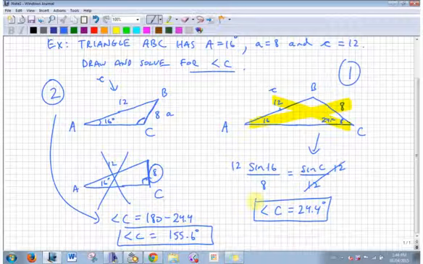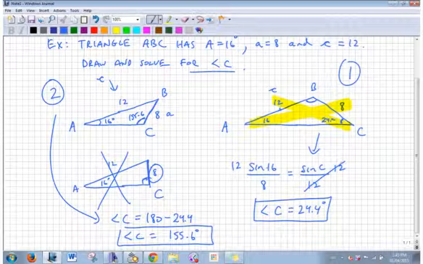Now what happens if this said solve the triangle? I would have, again, two possibilities for angle B, wouldn't I? Because if this angle is different for C, then obviously angle B has got to be different. How many obtuse angles can you have in a triangle? If you have more than one obtuse angle, how on earth could you ever have three sides that actually join?